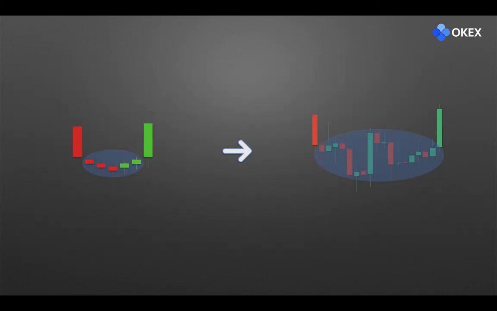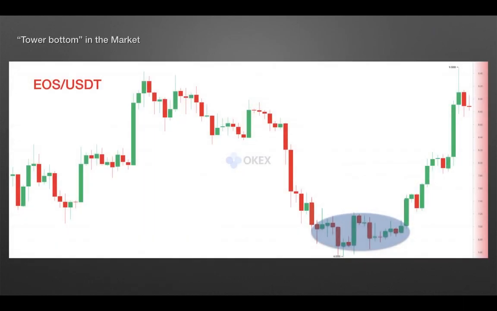The middle part of the tower is not formed by very small candles, but a combination of long and short candles. This screenshot is from the 12-hour chart of the USDT pair in OKEx. After the price dropped heavily, a tower bottom was formed, and the price then stopped falling and formed a reversal.